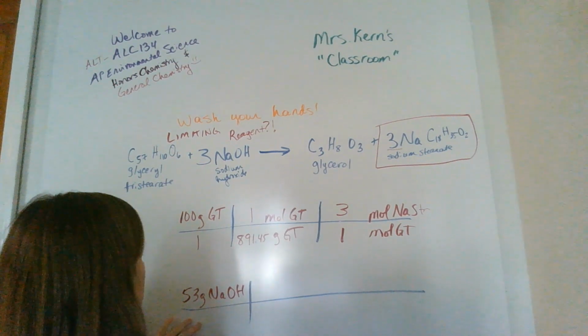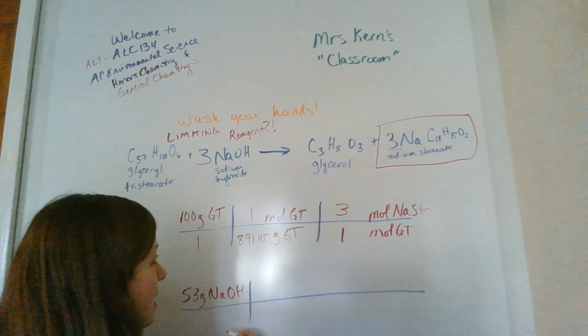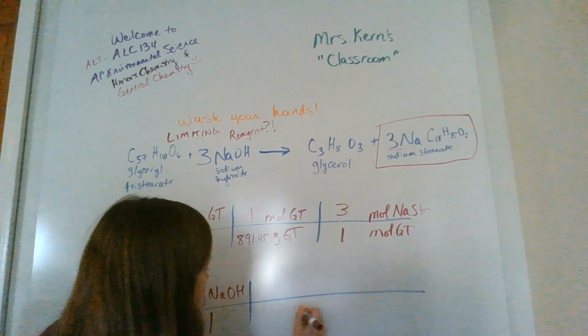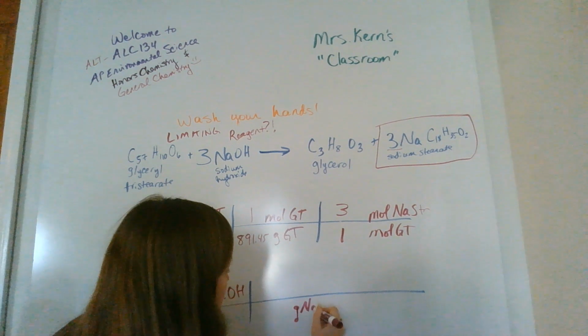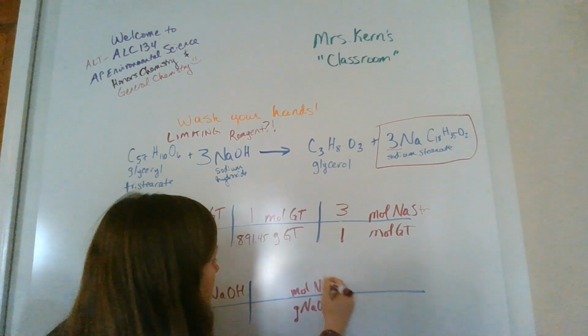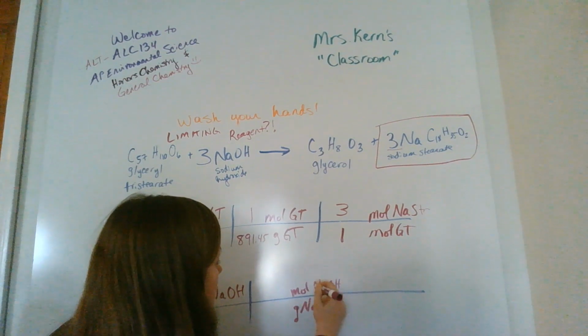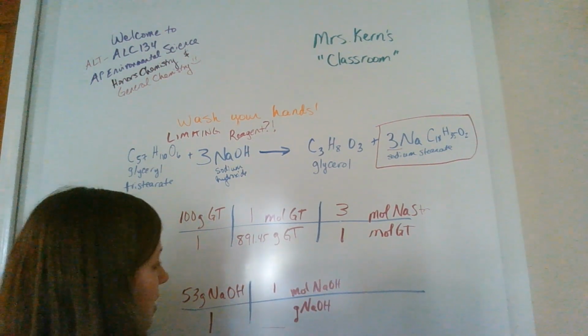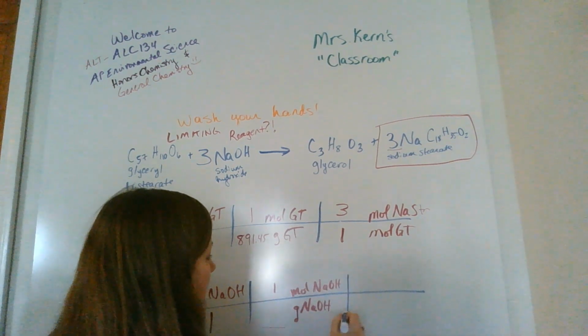And then down here we've got sodium hydroxide. I did not look up the math for that. So we're going to have grams of sodium hydroxide here, and moles. And that's going to be 1. This is the number off the periodic table, so I'm going to leave it for a minute.